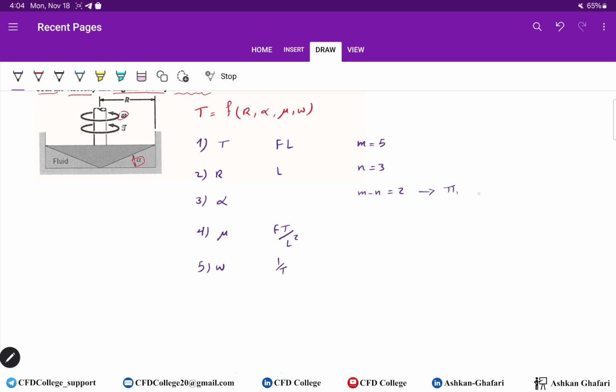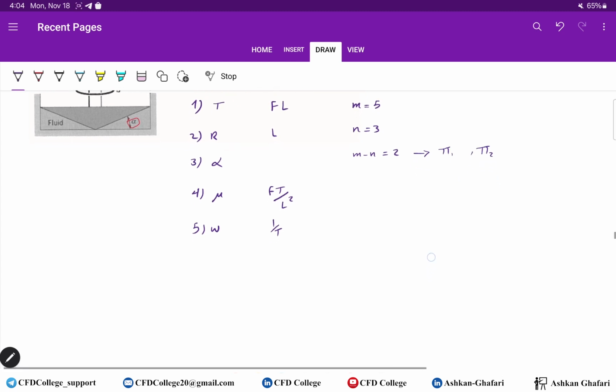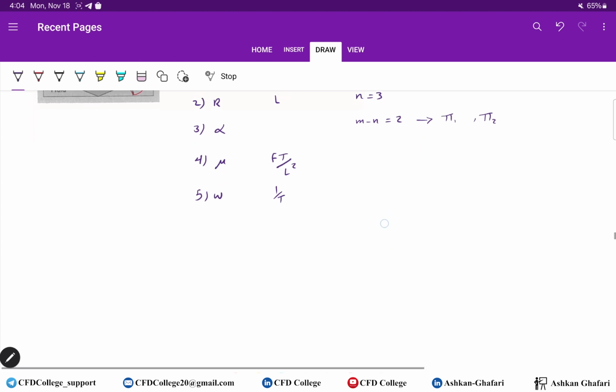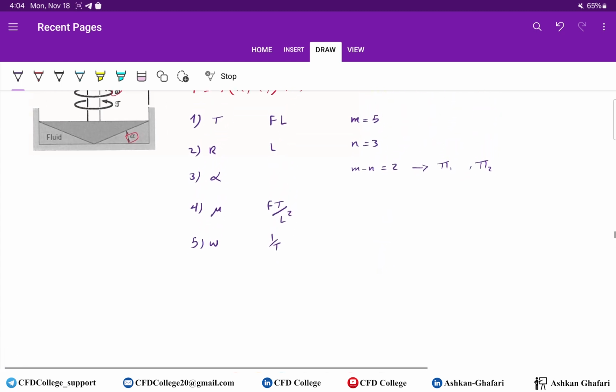So we have pi 1 and pi 2. We have to pick 3 of these quantities as repeating variables.